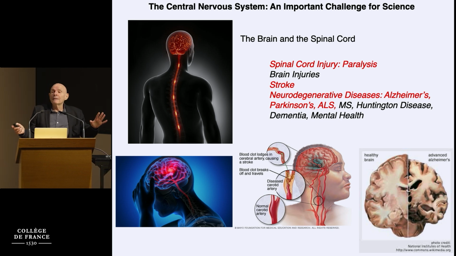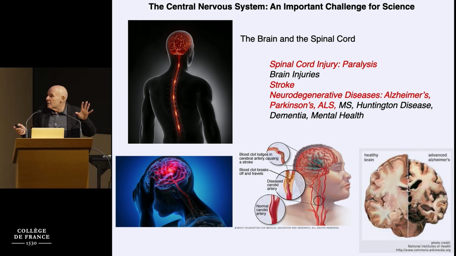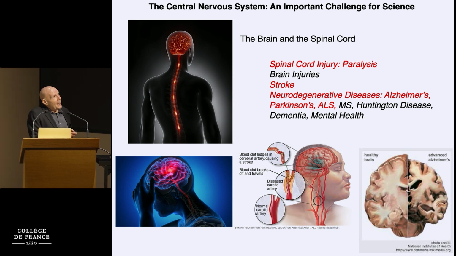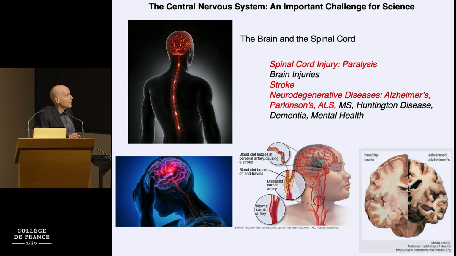Everybody in the world is like a minute away from losing movement forever as a result of a car accident or something else. It's a devastating human injury. But we are also working now on stroke, and we're working on Alzheimer's and Parkinson's and ALS. But I'm going to illustrate the dynamicity issue with the problem of spinal cord injury.